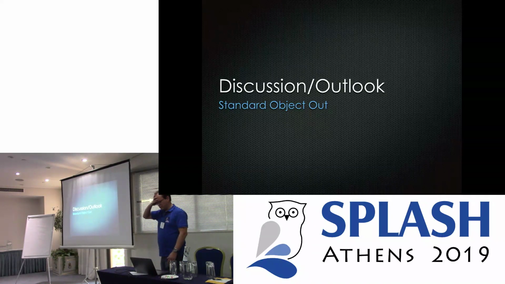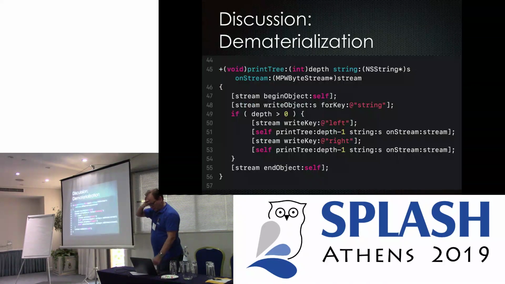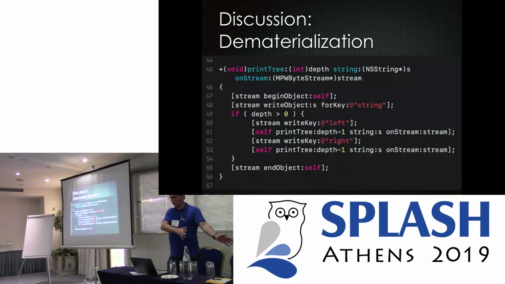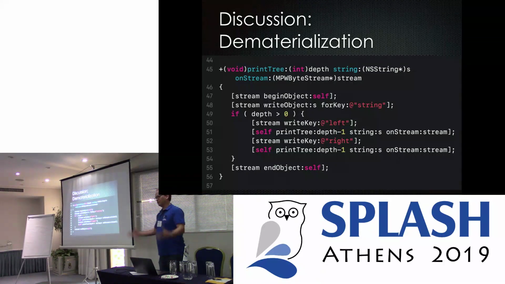Some observations about these results. First thing is we've gotten rid of the temporary results, the intermediate results. Actually, we can also get rid of the objects completely, right? Because the stream provides the facilities for encoding at a high level, we can just procedurally encode stuff.